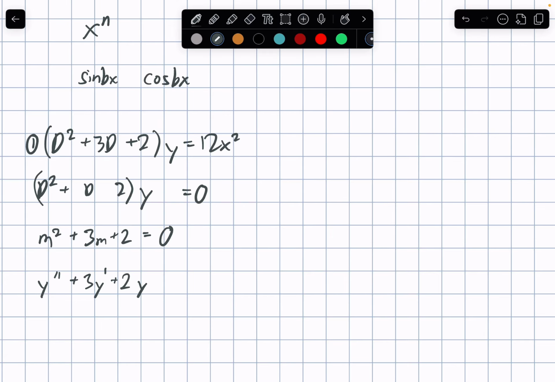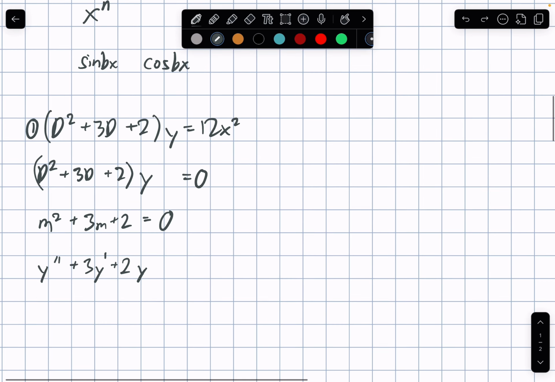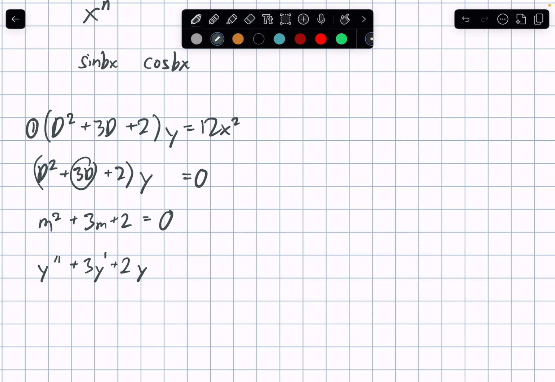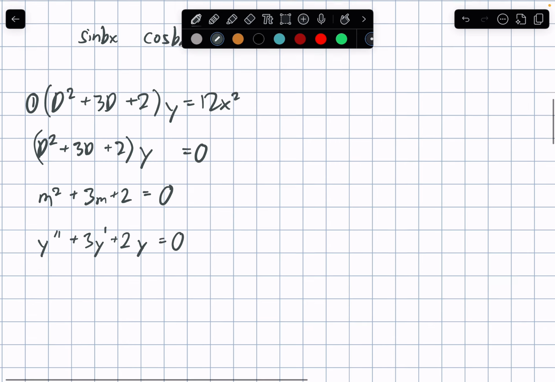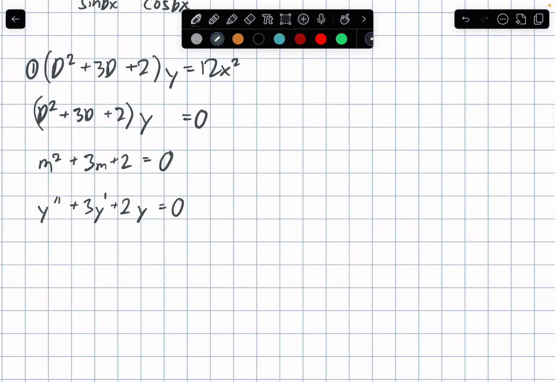So this one is gonna be interpreted as y prime, 3D y is 3y prime, and this one is 2y. Okay, so after that, let's already write this. So we're gonna write this exact same thing, equate it to whatever we have in the first place, which is 12x squared. We're gonna need that for later. For now, let's use the one with the m.